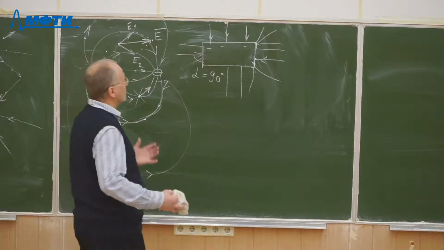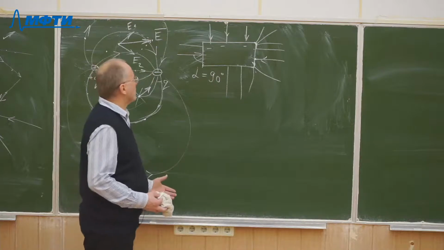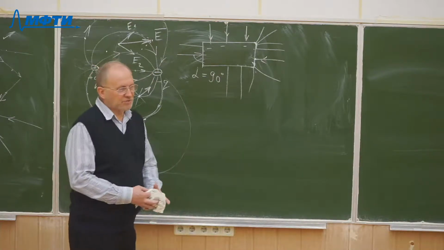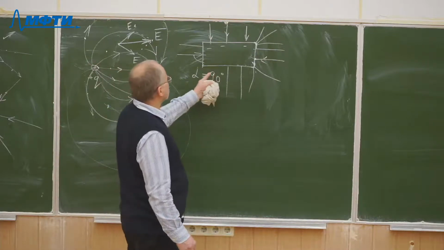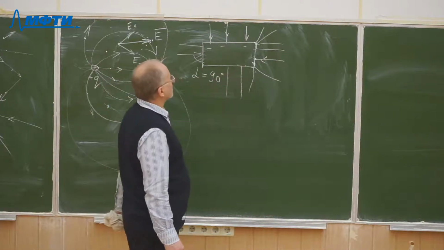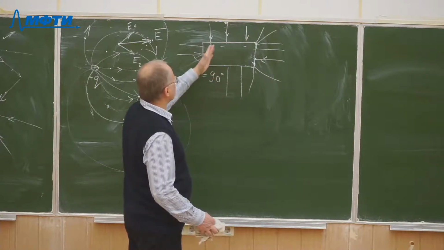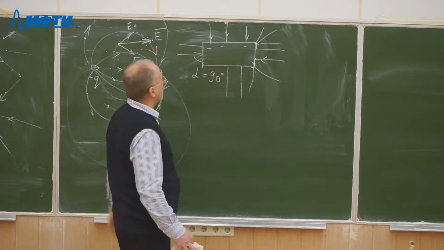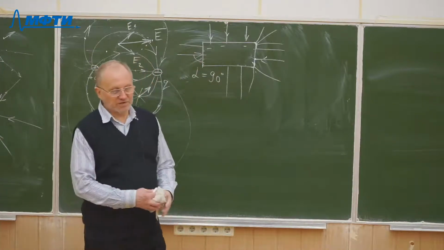We have to consider simple things. The simplest case, the first step in studying electricity and magnetism, is electrostatics, when all charges are in static equilibrium, and in this case the electric field lines should always be perpendicular to the surface of a conductor.